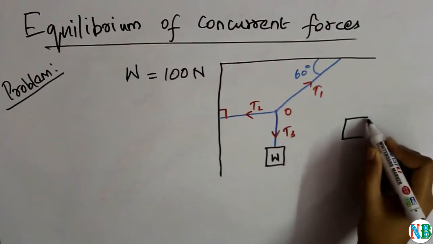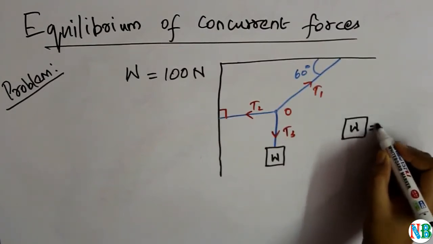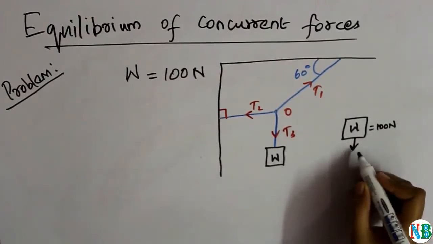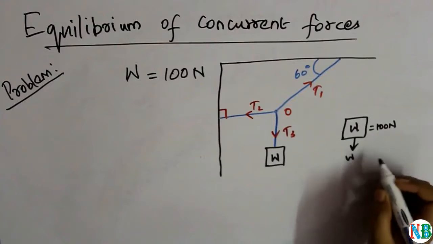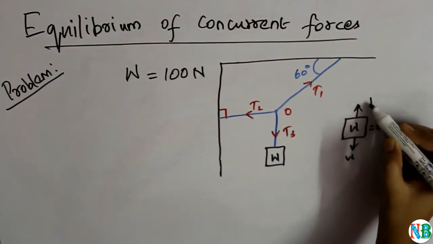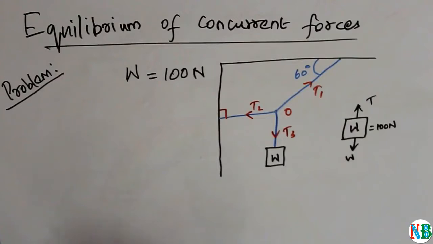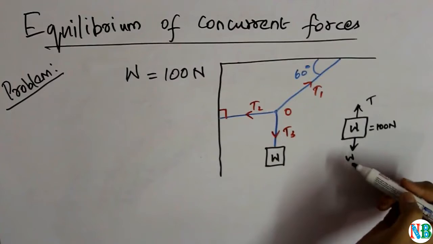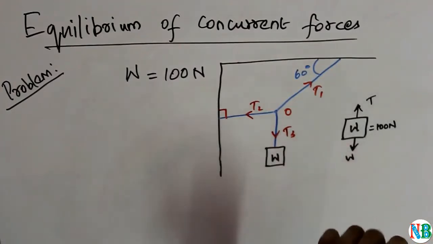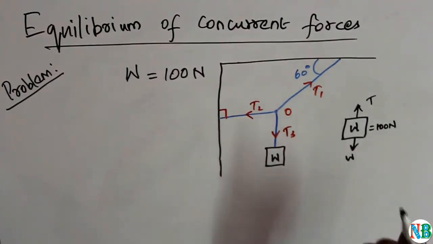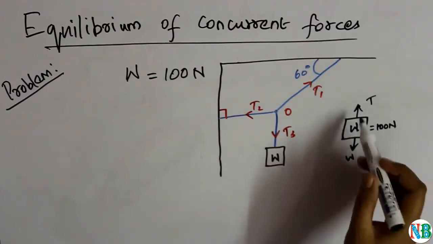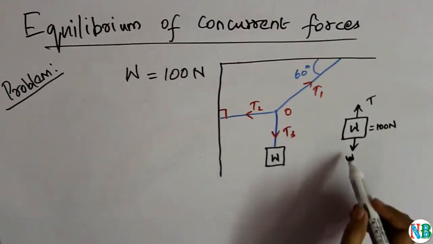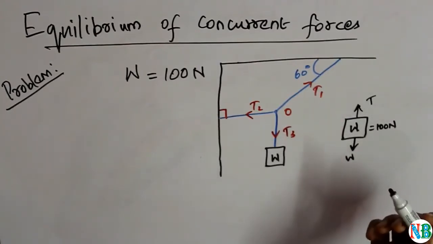This is the block, which is 100 Newton in weight, and the gravitational force W is in the downward direction, and the tension will be in the upward direction, because it pulls the weight against the gravitational force. These two forces are equal and opposite in direction, and these two forces get cancelled.